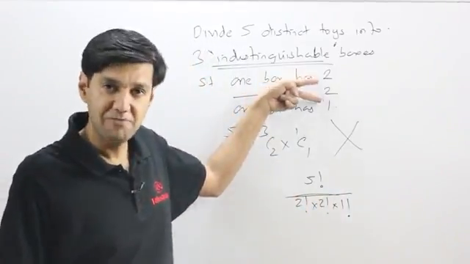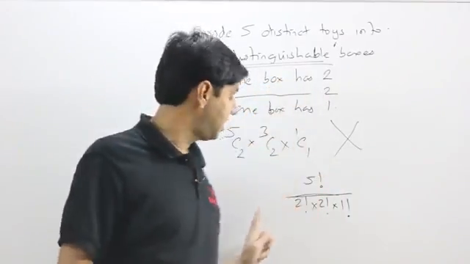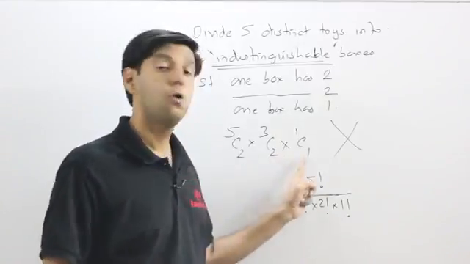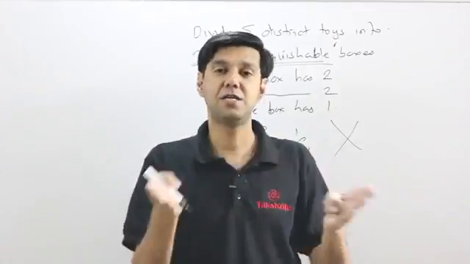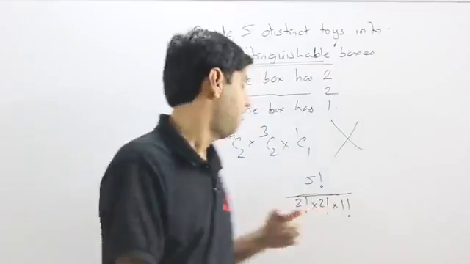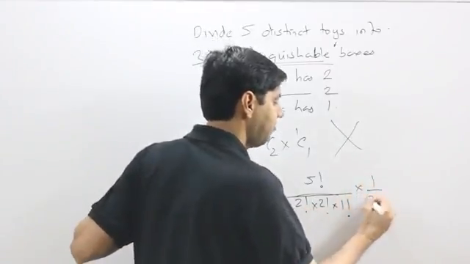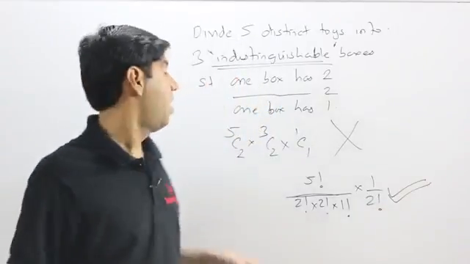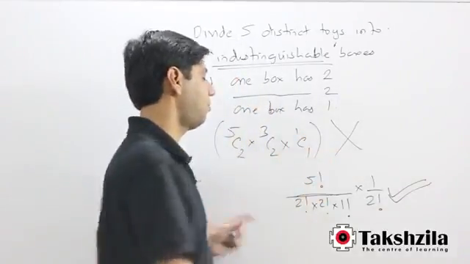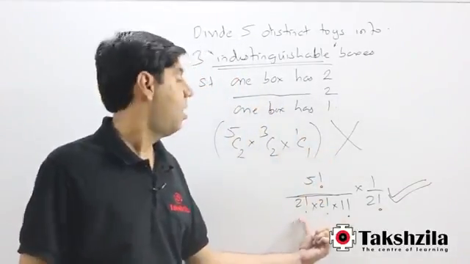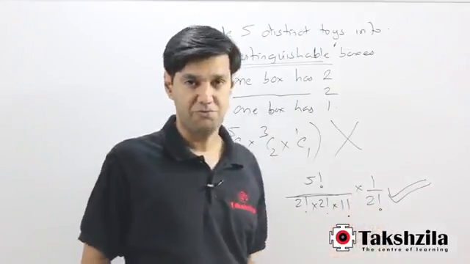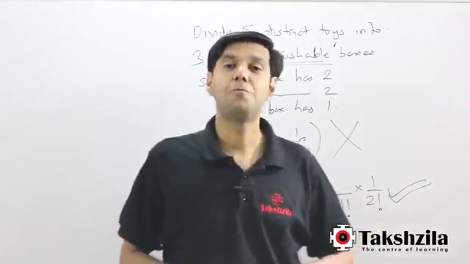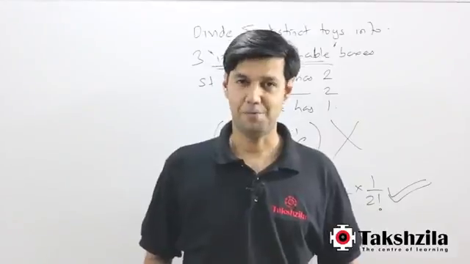Since 2 groups have the same size, in this process we would also have arranged the groups as such, which we should not be doing. So I divide it further by 2 factorial. This will be my answer out of here. You can calculate. The first one is going to boil down to just this expression here, whereas it would ignore the 1 by 2 factorial, and that is why grouping sometimes becomes error prone.